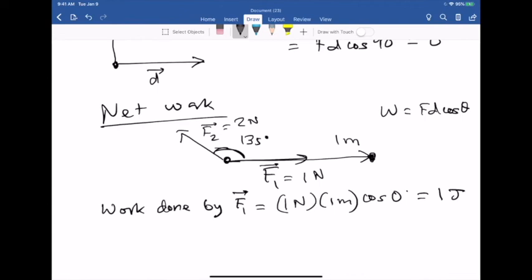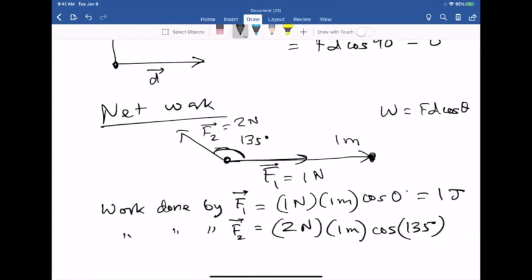What about F2? So the work done by F2 would be 2 Newtons multiplied by 1 meter multiplied by cosine of 135 degrees, because that's the angle between the force and the displacement, right?